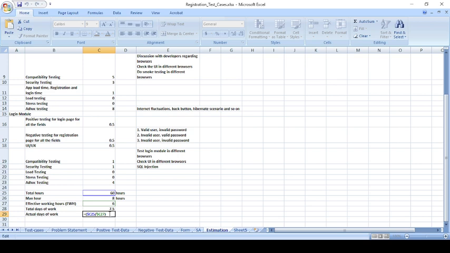Here if you can see the formula, C25, 60 hours, that is the total time that I need to complete the task, and my effective working hours is C27, that is 6 hours. Daily I can only work for 6 hours. So 60 divided by 6 is equal to 10. So I will complete the whole testing of registration and login module in 10 days.